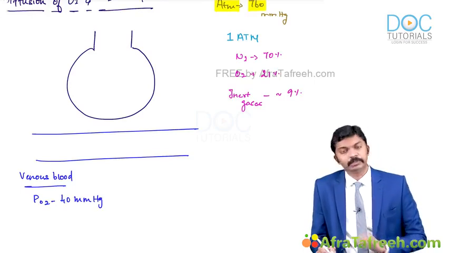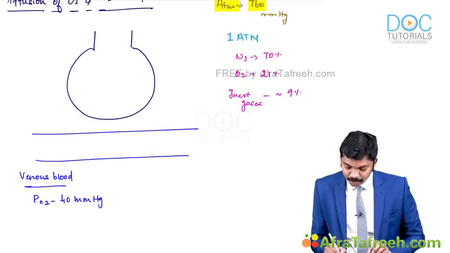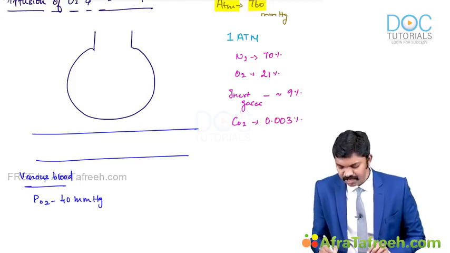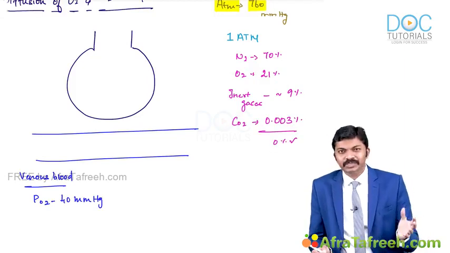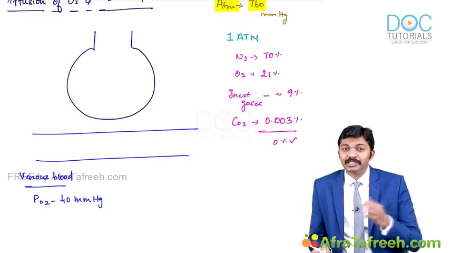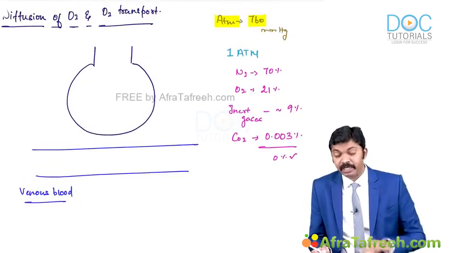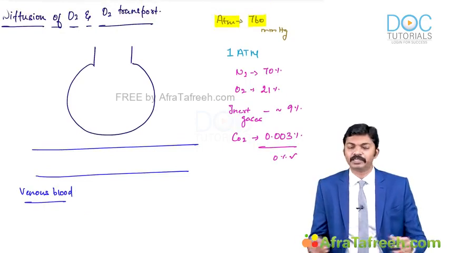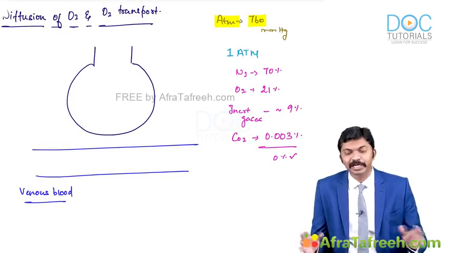And finally, we have carbon dioxide, which contributes 0.003%, practically 0%. So ignoring those decimals, it is practically 0% in the atmosphere, thanks to all those trees and greenery that suck up all the carbon dioxide, leaving no trace to be seen in the atmosphere.